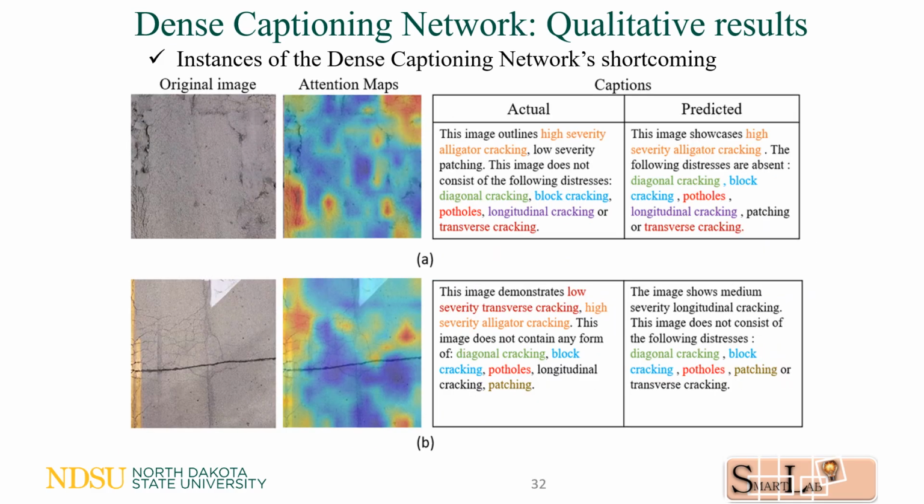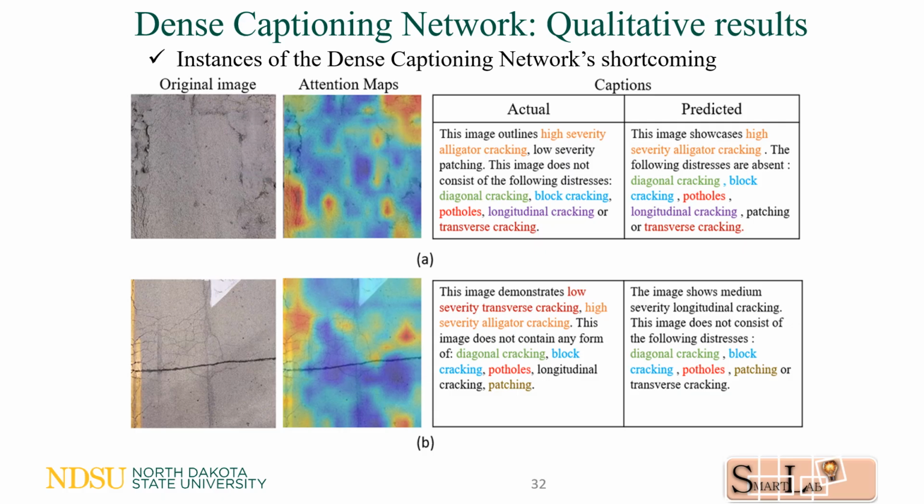This slide shows instances where the dense captioning network falls short. In one case, when you look at the first row, the model downgrades the severity of the alligator cracking or fails to even mention some of the present distresses. In the second row, it even misidentifies or omits the distress type.